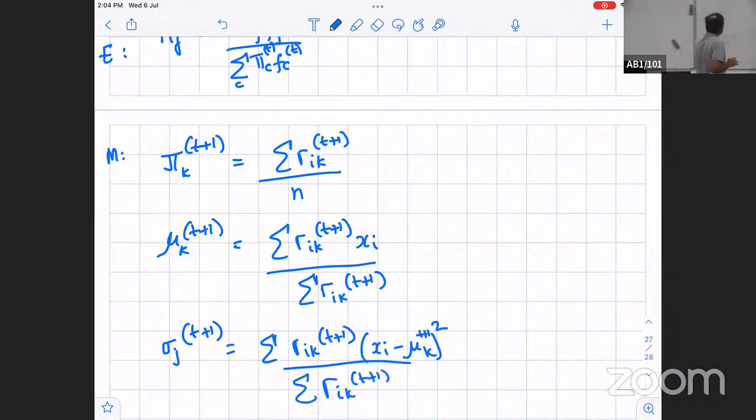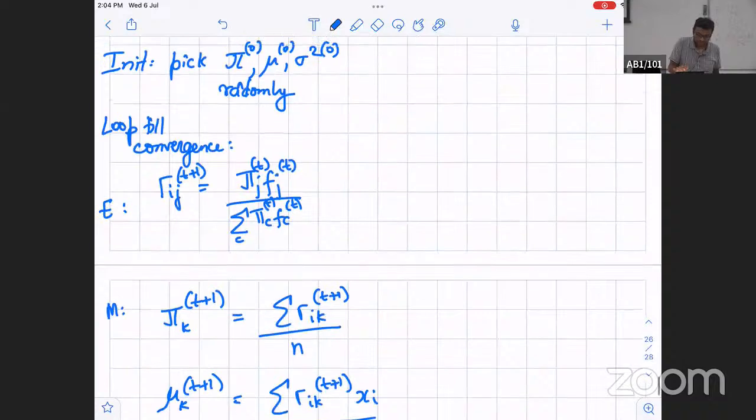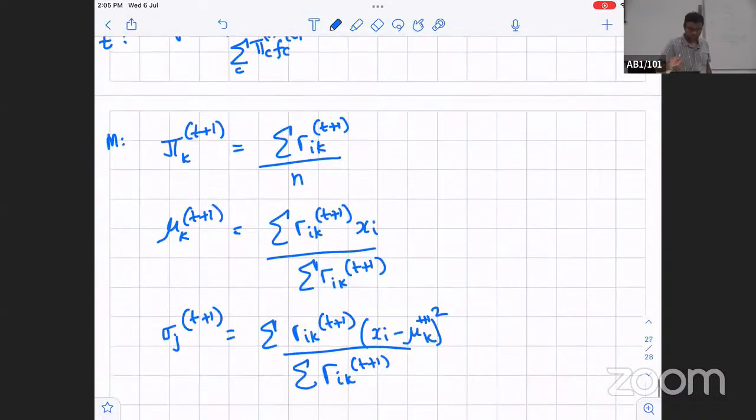So what you will do is first fix these three parameters, pi, mu and sigma, and then do the E step and compute gamma ij. Then using that gamma ij, you will do this. So this is the simple algorithm, nothing else.